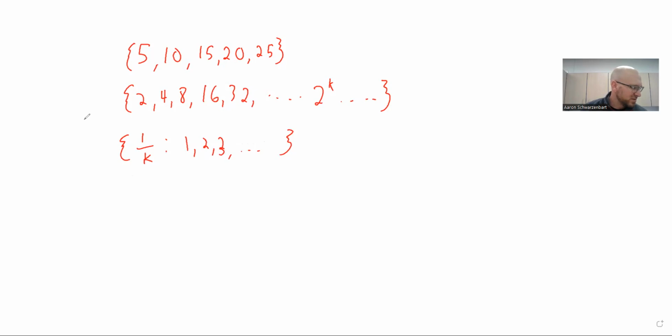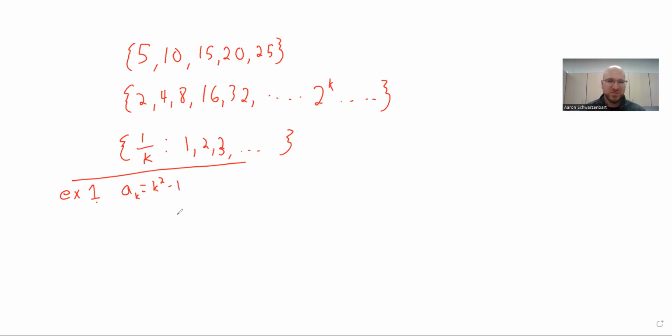So find the first 6 terms and the 100th term of this sequence. This is example 1. So here's the formula, a sub k equals k squared minus 1.